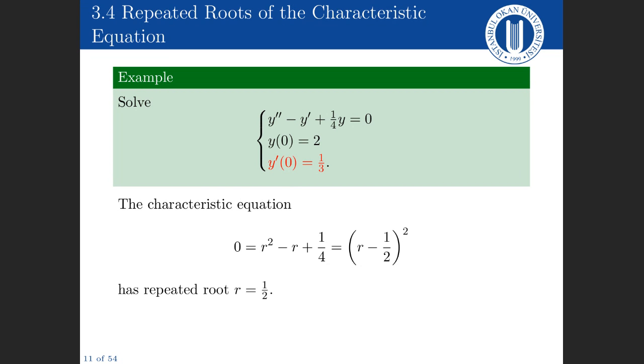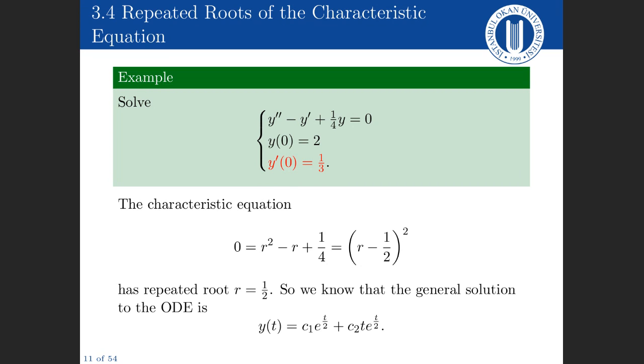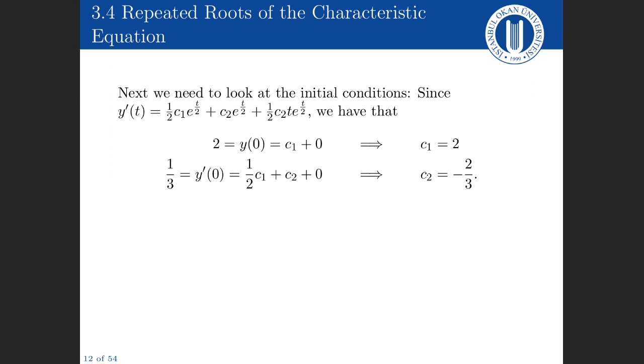As soon as we know our repeated root, we can write down the general solution. Our two functions are e^(t/2) and t multiplied by e^(t/2). So the general solution must be c1 e^(t/2) plus c2 t e^(t/2). Next, we look at the initial conditions.